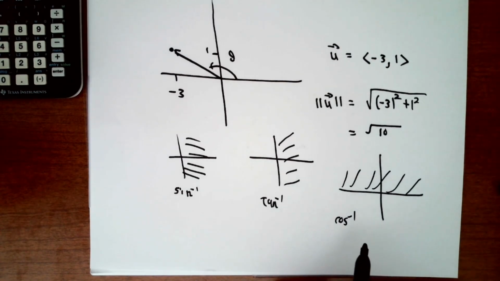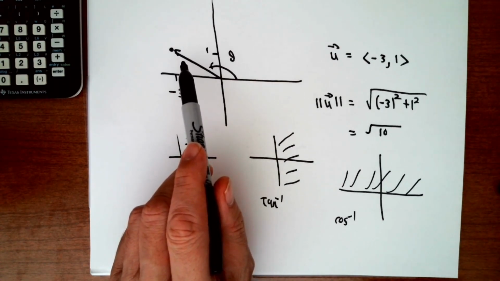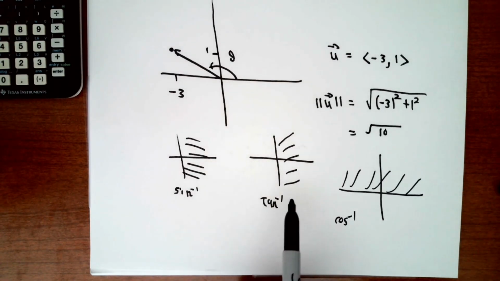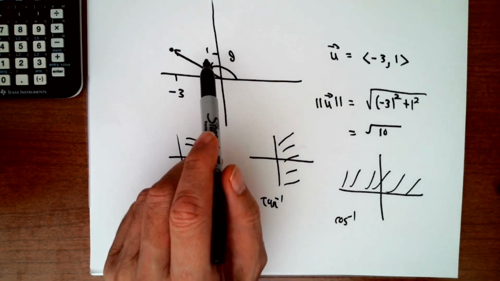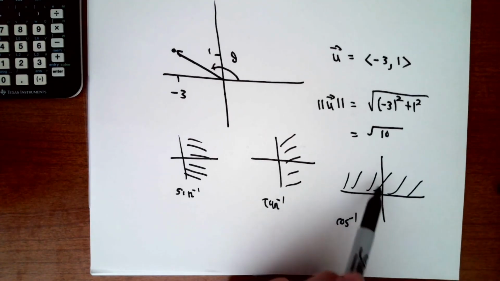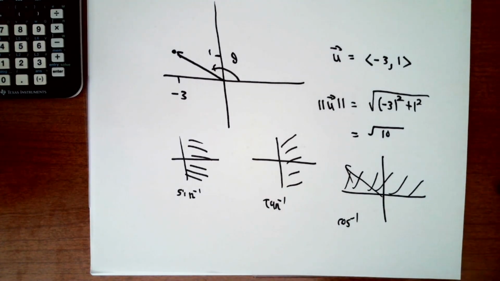The inverse cosine can produce angles that are in the first or second quadrant and no other angles. This angle is not in quadrant 1 or 4. It's not safe to use inverse sine or inverse tangent to get this angle. Luckily, though, it is in quadrant 2, so using the inverse cosine, I will get the correct angle.